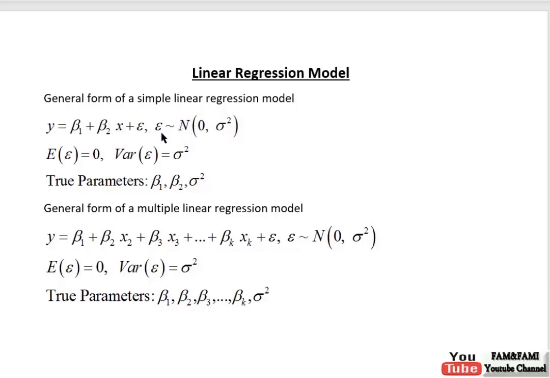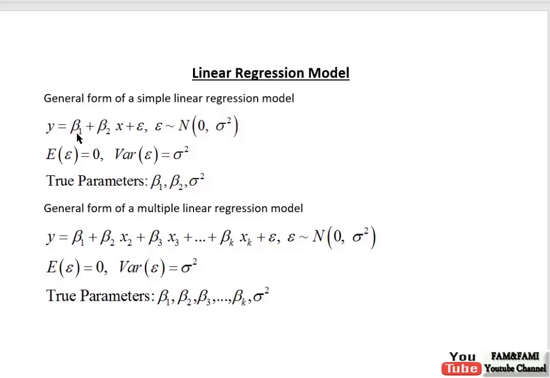We can only say that epsilon is an error term and it has mean 0 and variance sigma square, so normality is not necessary, but I'm going to assume normality as well, and later you may relax this assumption. So once we have this equation, the next step is to write the true parameters.